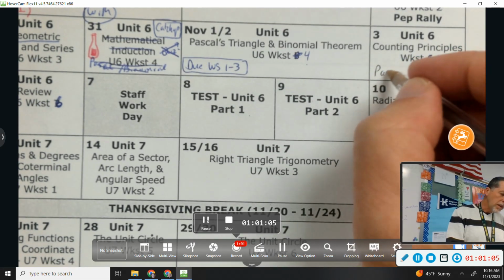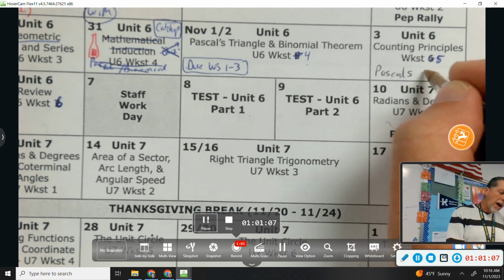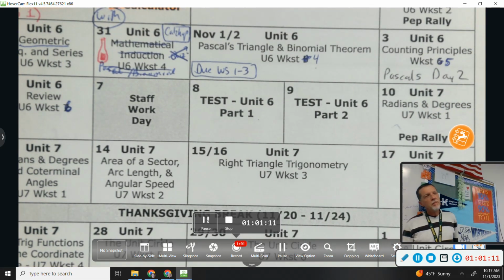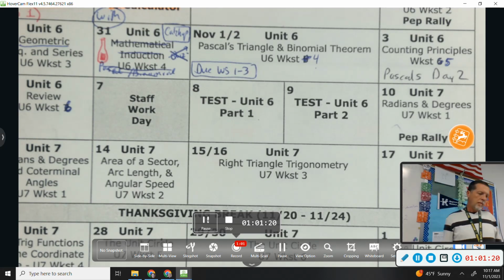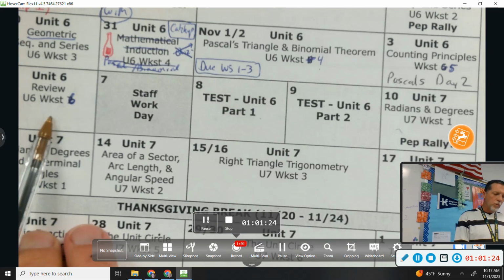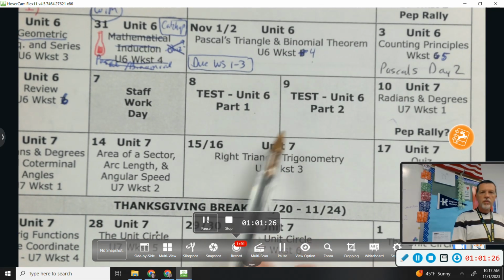Friday is more like Pascal's day 2. There's some other fun, weird, interesting patterns and things that go on with Pascal's triangle, which is why we're through with the notes packet. So on Friday we'll work some of the worksheet together and call it a day. I do have another worksheet to give you, a review worksheet, and then the test will be next Wednesday, Thursday.